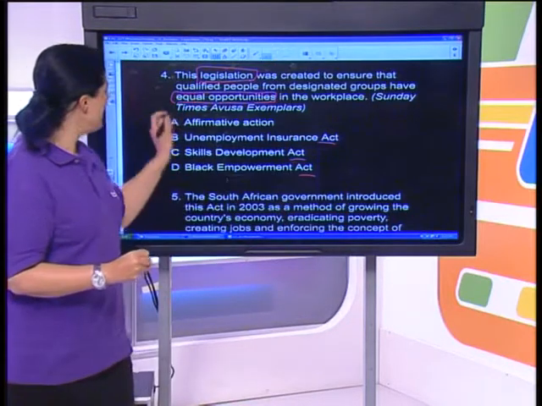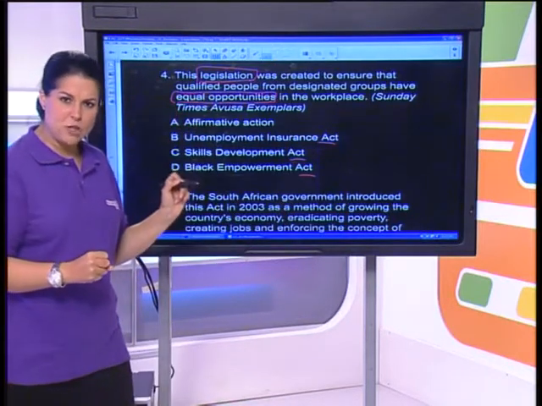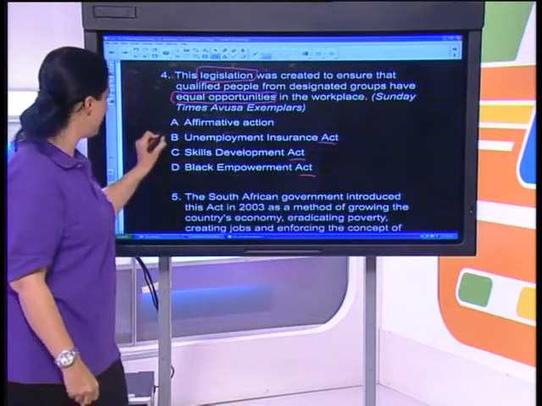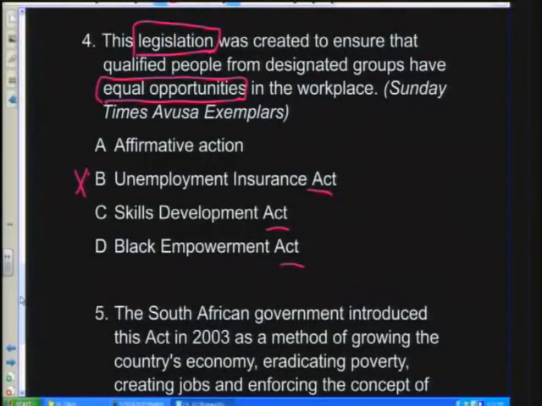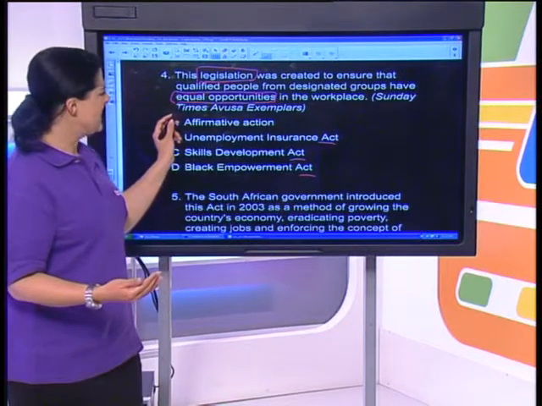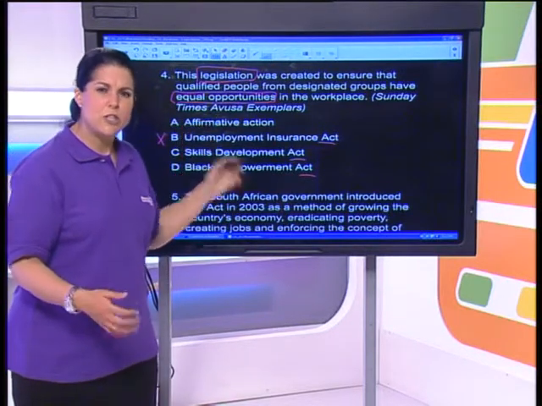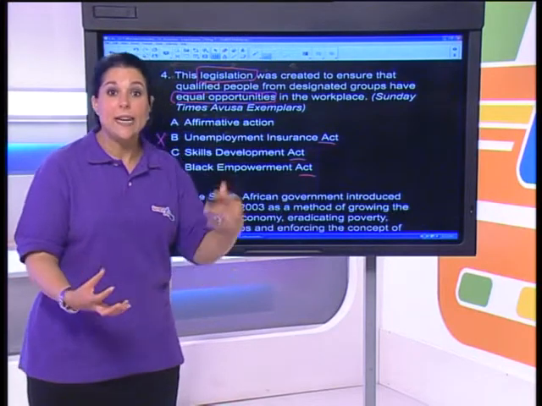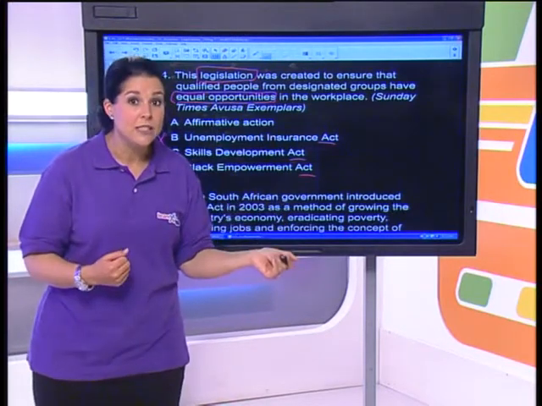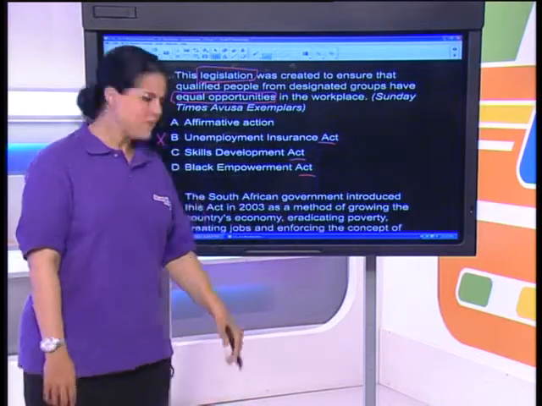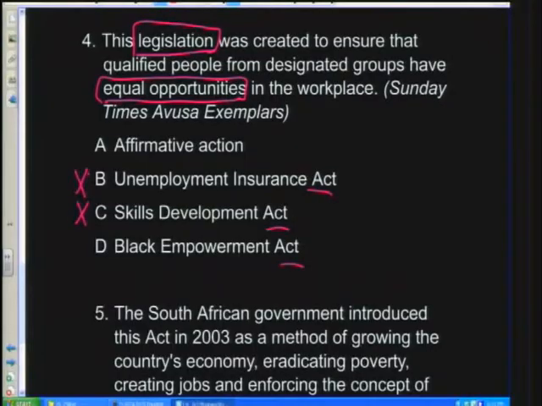Now, would that give me an equal opportunity in the workplace? Nope, definitely not. The Skills Development Act. Do you guys think when I go and study that now all of a sudden I'm going to have an equal opportunity? No. It's going to improve my skills and I can apply for a better position, but it's not going to see that I'm equal. So no, not that one.